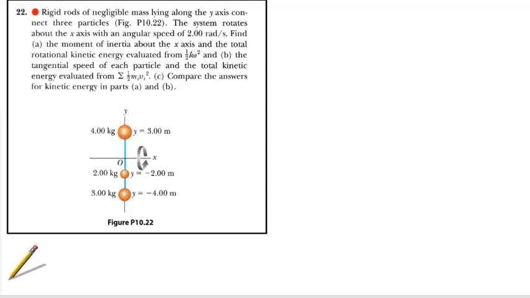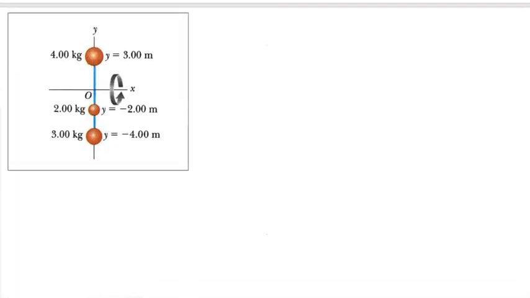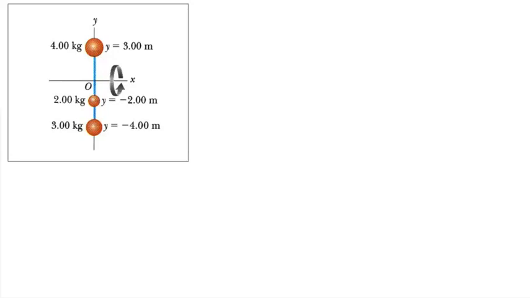So question number one says, find the moment of inertia about the x-axis and the rotational kinetic energy evaluated from 1/2 I omega squared. Okay, so giving me some more room. Hopefully this makes sense to you. I know since you're doing it from home and not in person, you can ask questions, but this red line, imagine this is your gummy bears stuck on a skewer and you are rotating it.